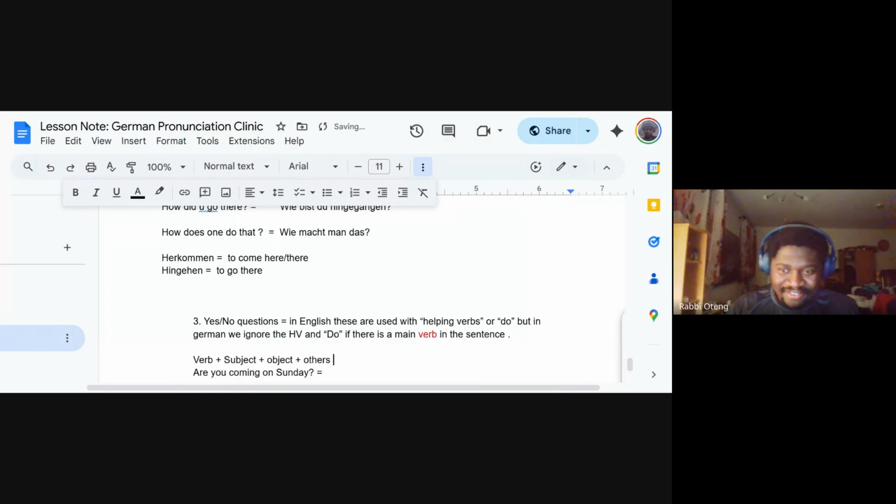Unlike the W questions and the statement sentences, where the verb is in the second position, with yes or no questions the verb is always at the beginning.